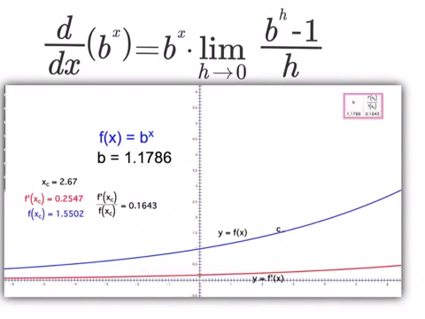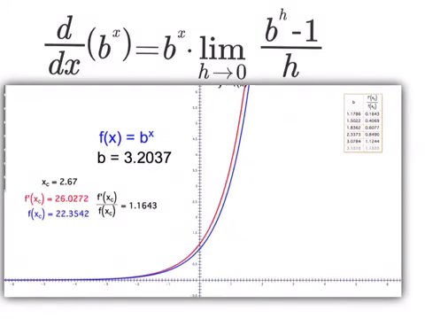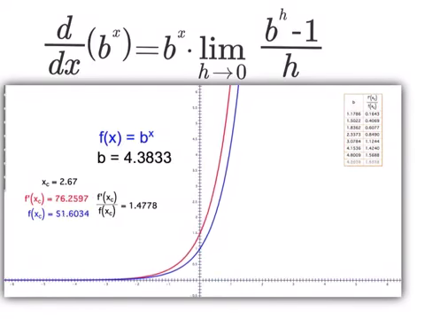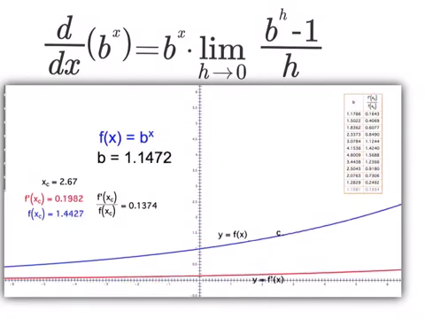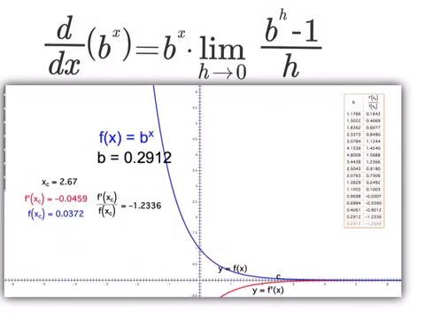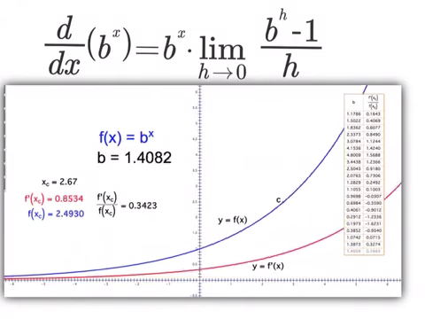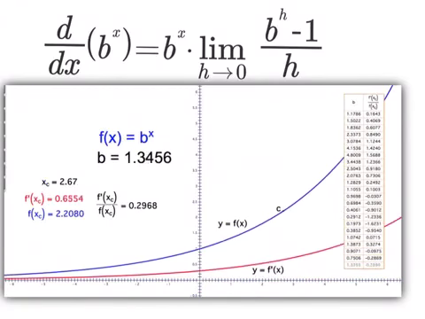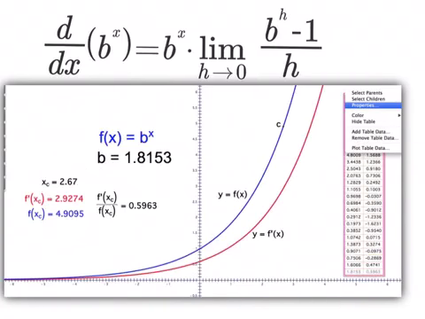We'll collect a sampling of 25 different ratios at 25 different b values. So all this is doing right now is keeping track of the b value and then the ratio at that particular b value. A couple things we do know is that when it's around e, the ratio is about 1. We've also found that when it's between 0 and 1, the ratio is negative.